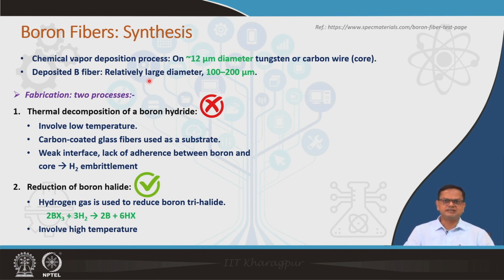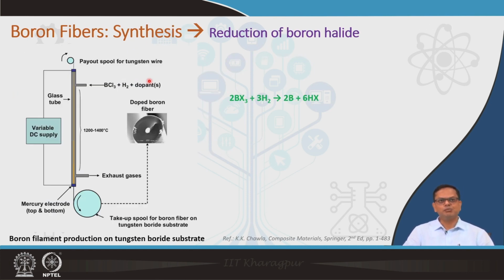So, let us look into the setup by which boron fiber gets synthesized by reduction of boron halide. If you look at this particular diagram, you see the CVD chamber, which is basically a tube, and in the tube a tungsten wire is going through the length. Then you have electrodes of mercury which basically heat the tungsten wire.